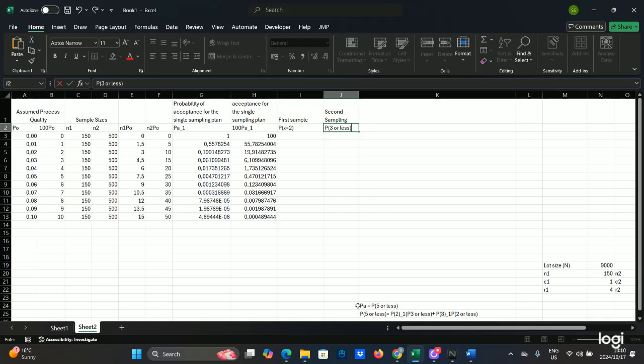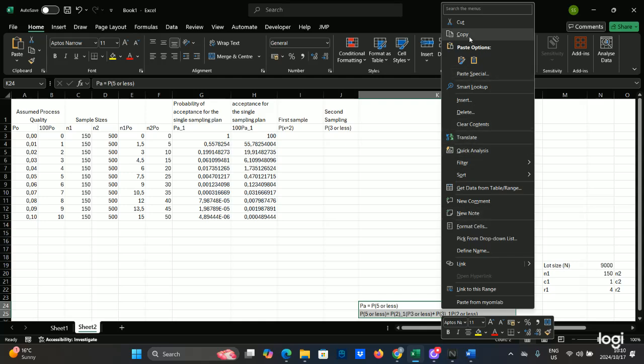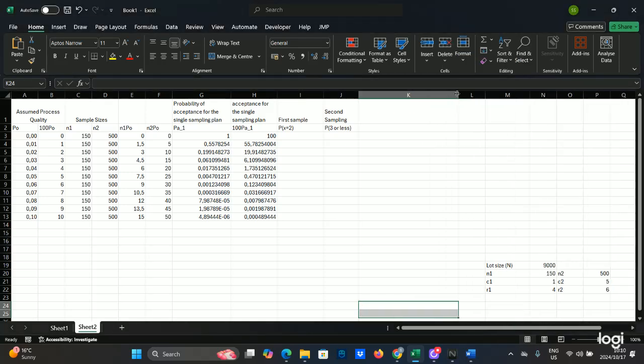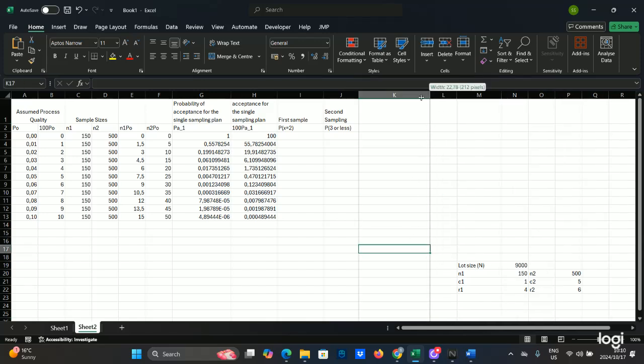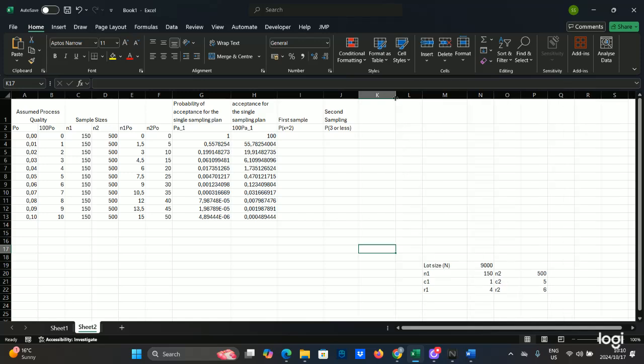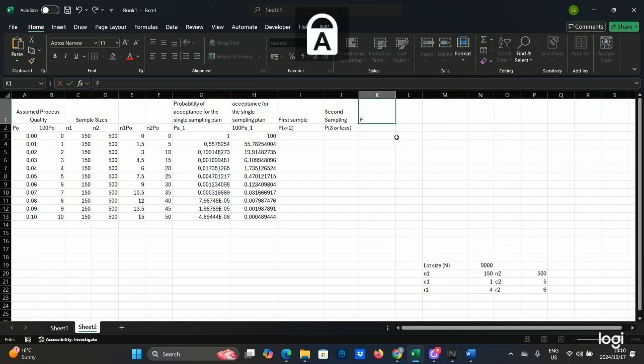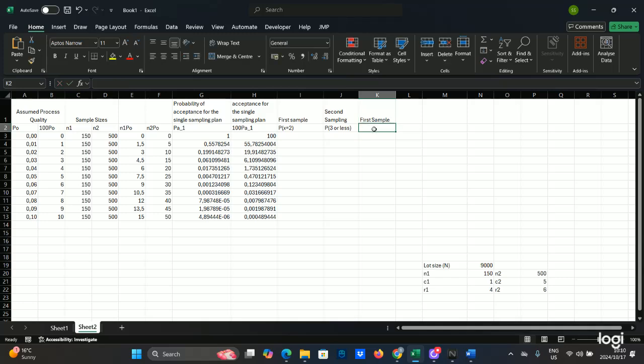Let me just clear this so I can see properly. Again, the second chance for this to happen is if they find 3 defectives in the first sample, so P of x equals 3.